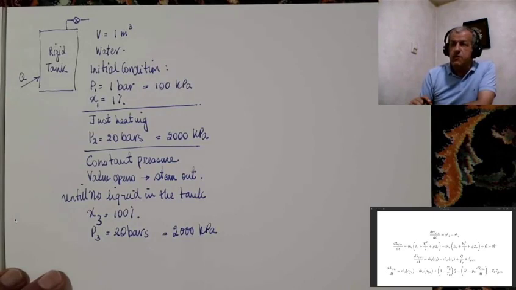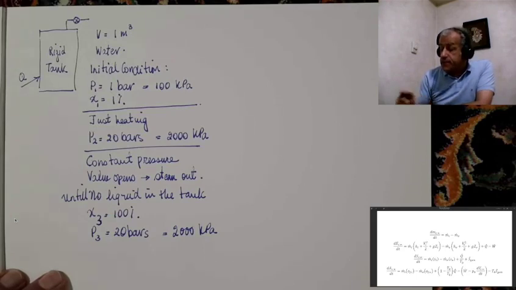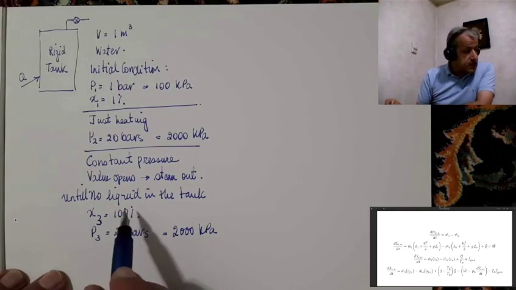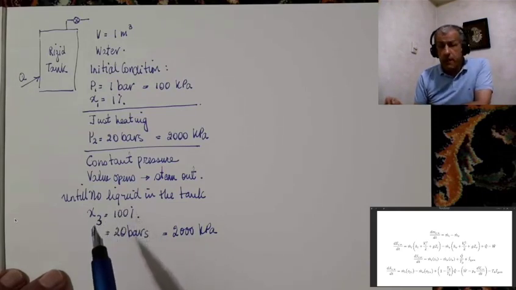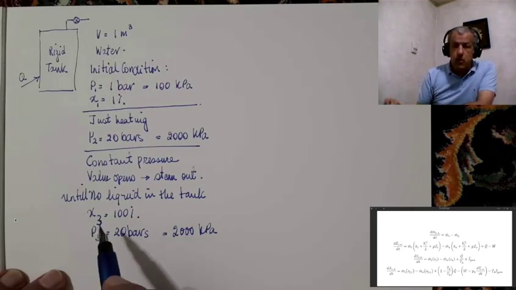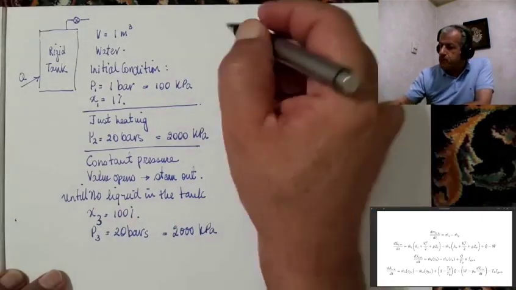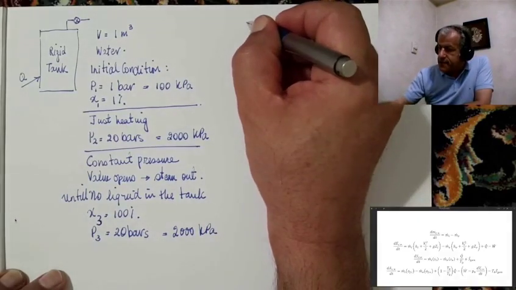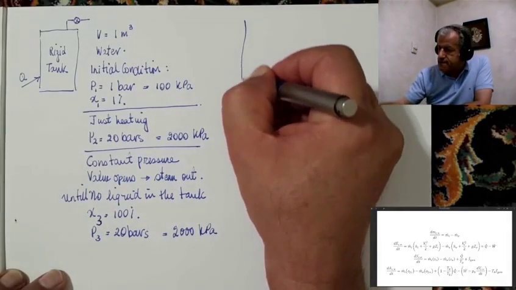P3 is 20 bars, X3 is 100%, and the condition is saturated vapor. Just to make it clear what we mean, it's good to draw a figure, and the figure would look like this.